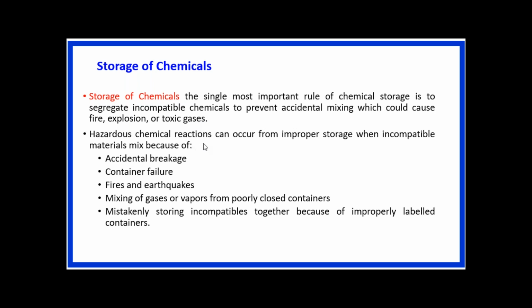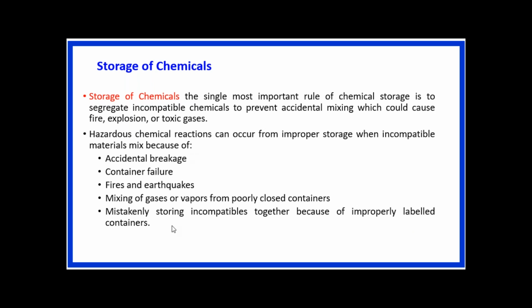A hazardous chemical reaction can occur from improper storage when incompatible materials mix because of accidental breakage, container failure, fires and earthquakes, mixing of gases or vapors from poorly closed containers, or mistakenly storing incompatible chemicals together because of improperly labeled containers.